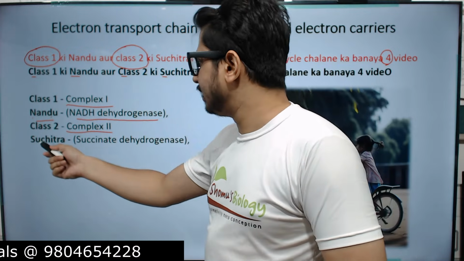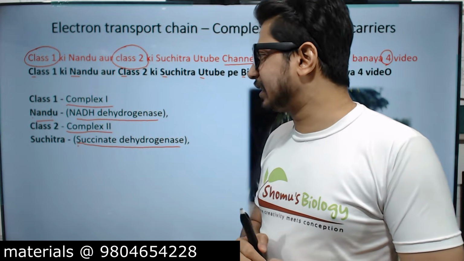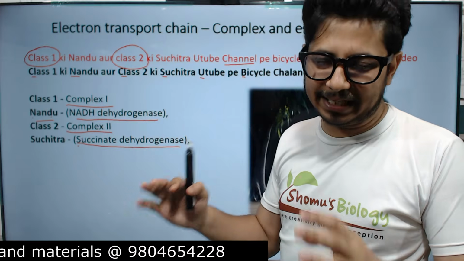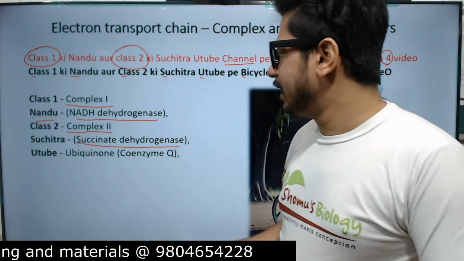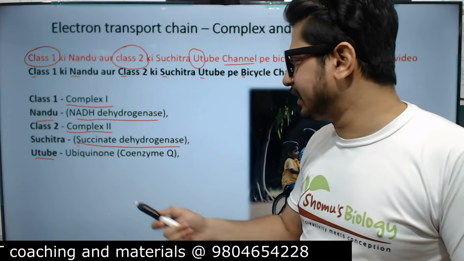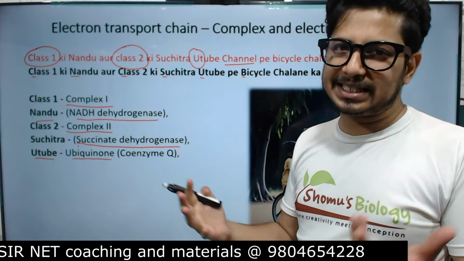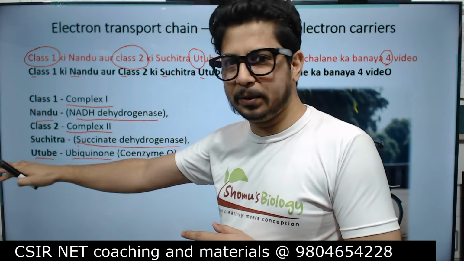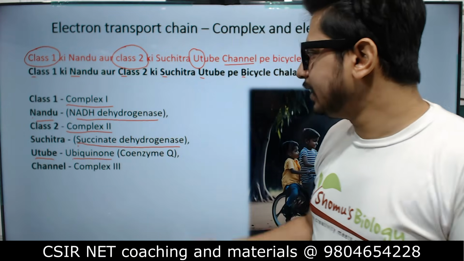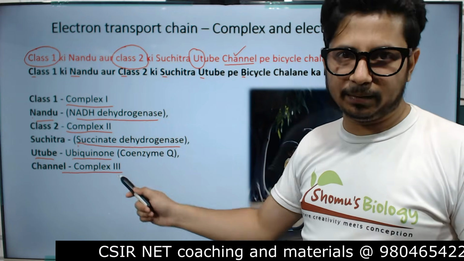Then Suchitra, succinate dehydrogenase is involved here, that is complex 2, succinate dehydrogenase. Then U-tube, U is the electron carrier ubiquinone, also known as coenzyme Q, that is placed there. So ubiquinone for U. Then channel is complex 3, I told you, channel is complex number 3.